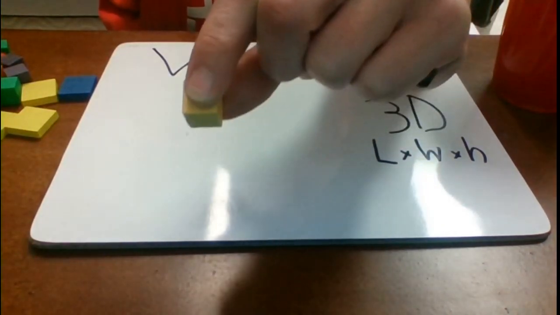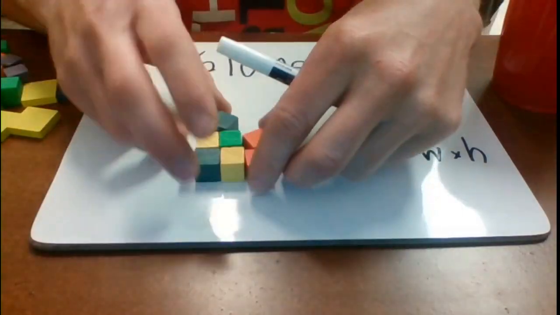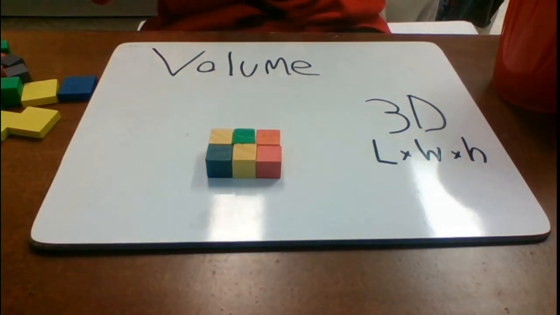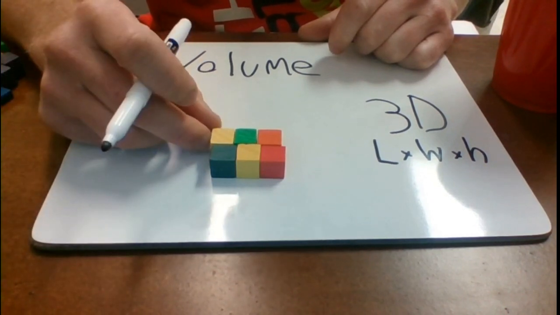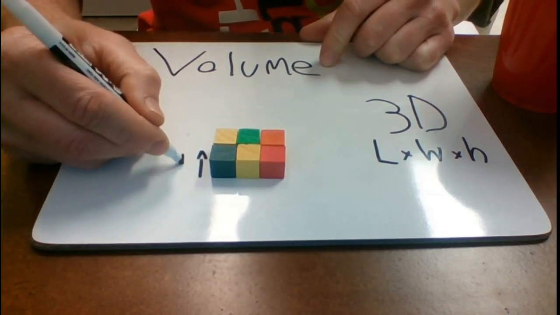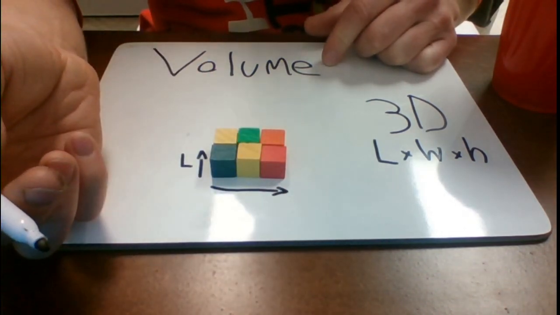So let's do an example here. We're going to make a base. So the base of this rectangular prism has a length, it has a width. Does it have a height?